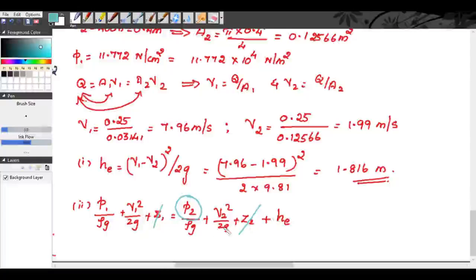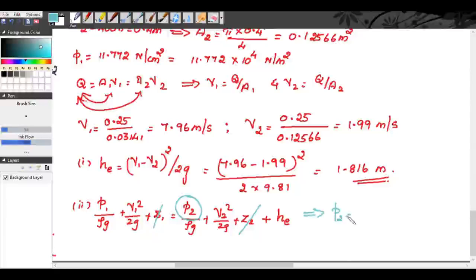We know all the remaining values. We know what is rho G, V2 square. V2 is 1.99. V1 is 7.96. Plus HE is also determined as 1.816. So the only unknown is P2. So substitute all the values.